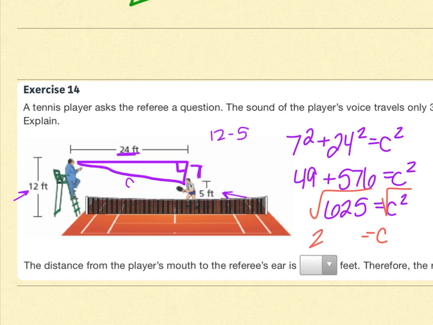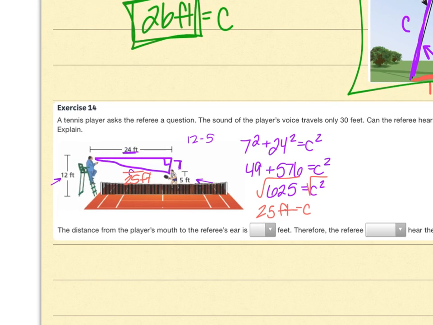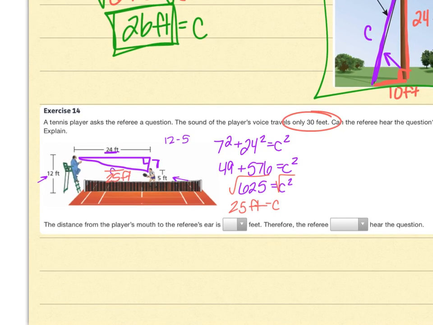Oops, I wrote 24. 25 feet. So it's 25 feet from his face to the other guy's face, and it says the sound of the player's voice travels 30 feet. Will the referee be able to hear him? Well, it only needs to travel 25 feet, so because it's 25 feet, the referee will hear his question just by a little bit.